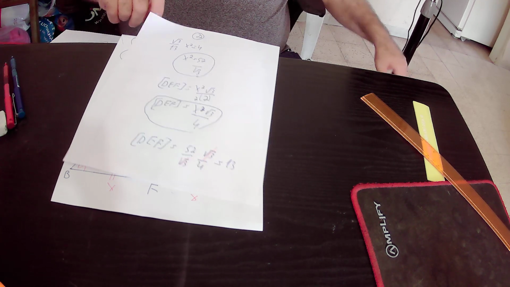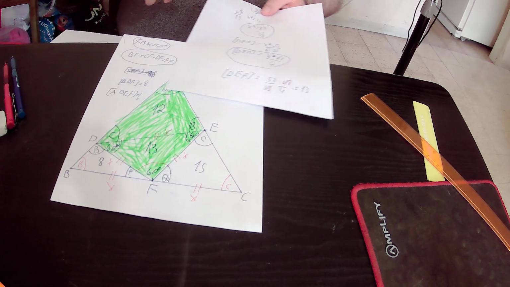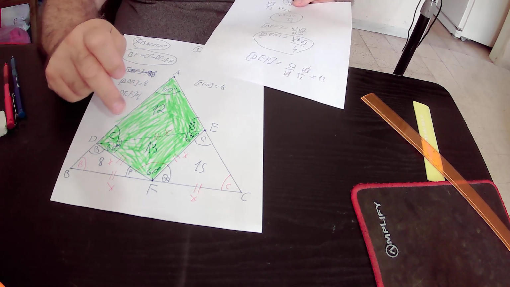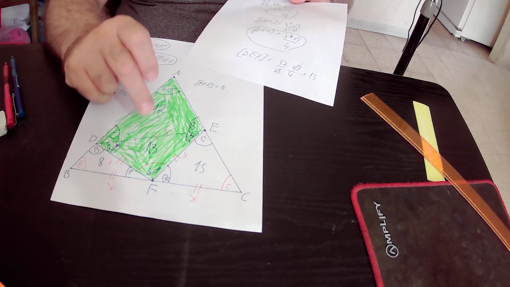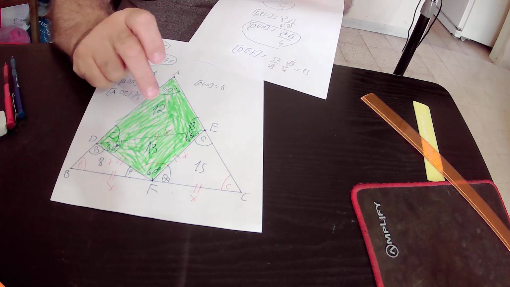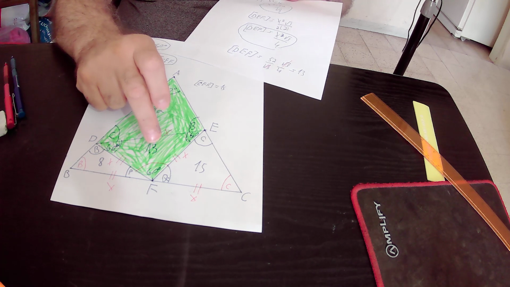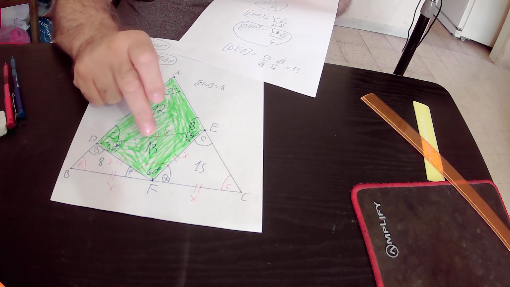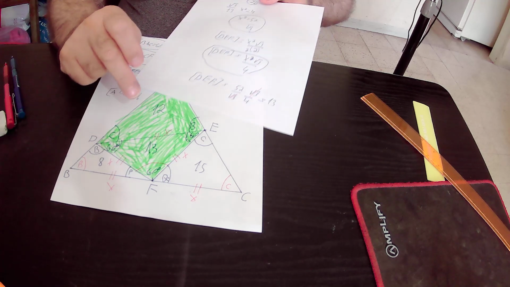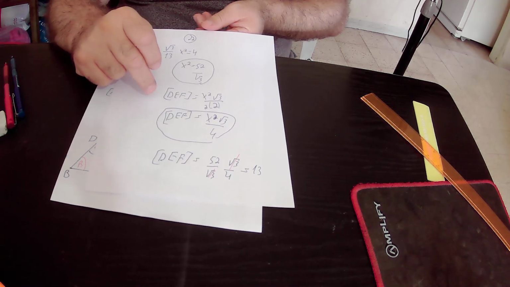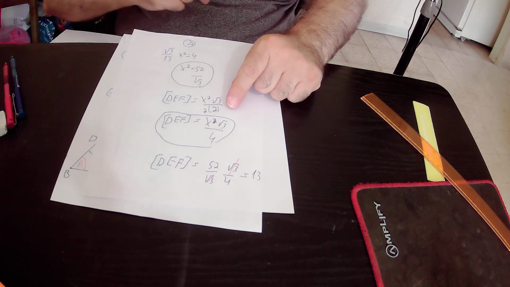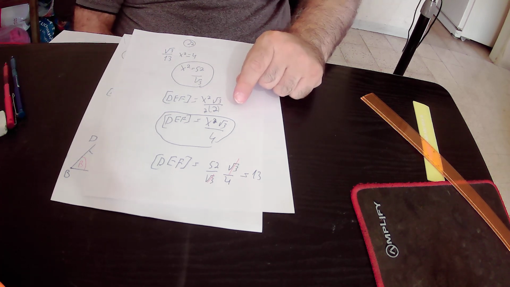Okay, then we calculated the area of the equilateral triangle DEF. We know that the area of the equilateral triangle DEF, according to the formula that I presented to you, equals x squared times sine 60 degrees over 2. So the area of triangle DEF equals x squared times root 3 over 4.